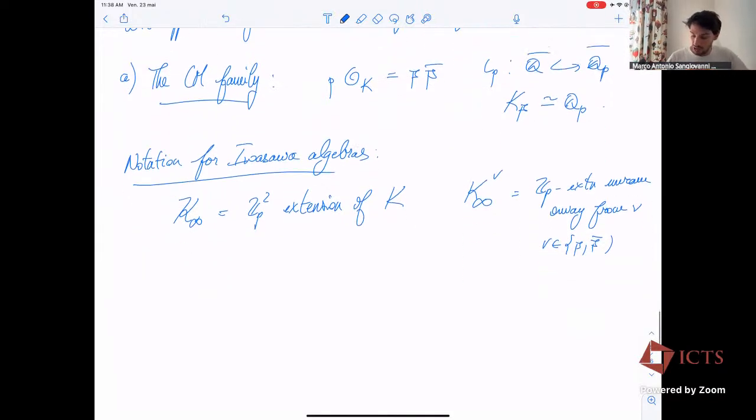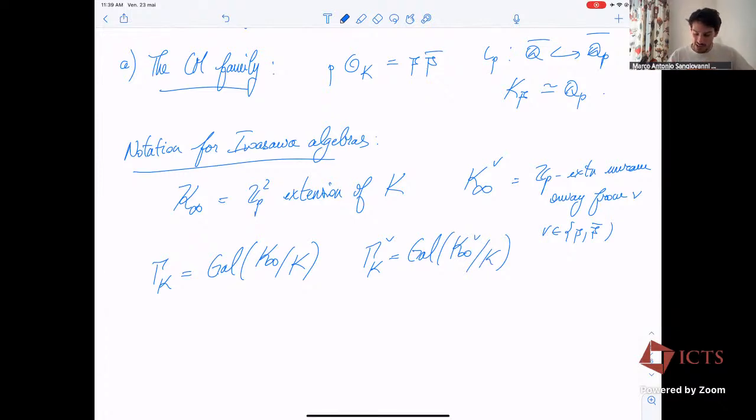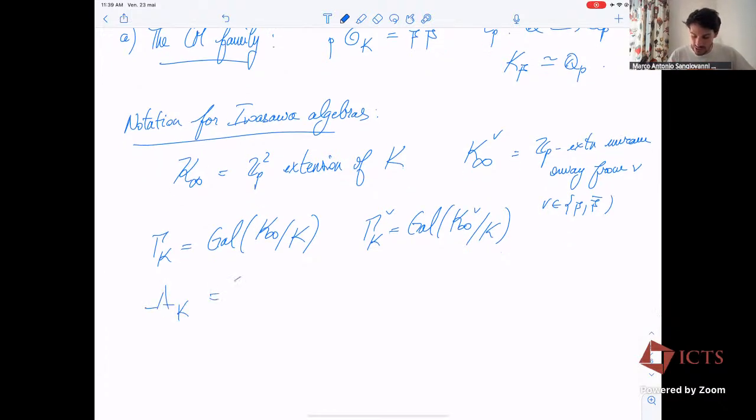And now the Galois groups: Gamma_K is the Galois group of K_infinity over K, and Gamma_K,v is the Galois group of K_infinity,v over K. Then obviously the Iwasawa algebras are the completed group algebras of respectively Gamma_K and Gamma_K,v.